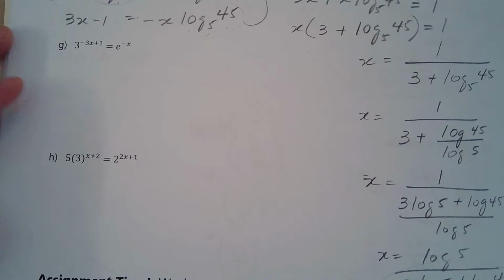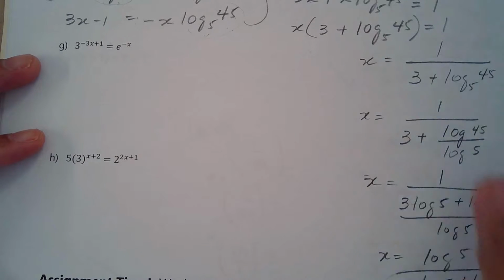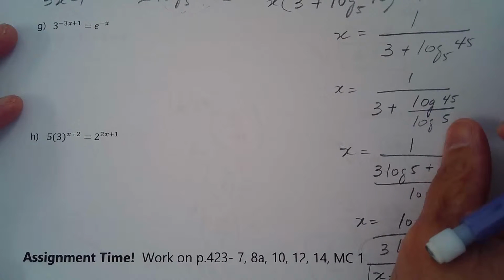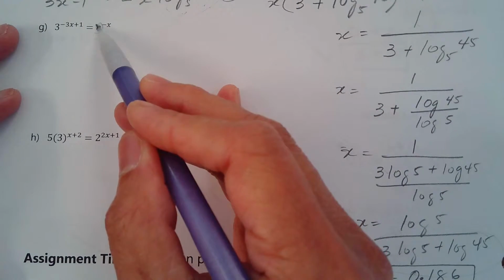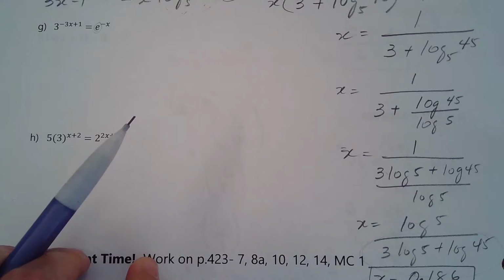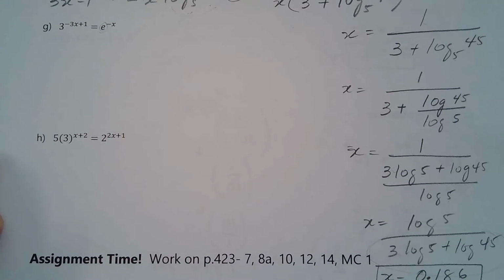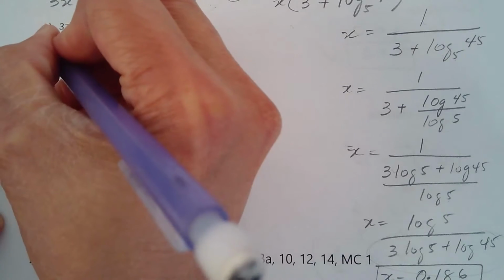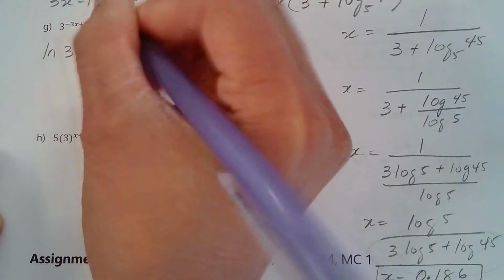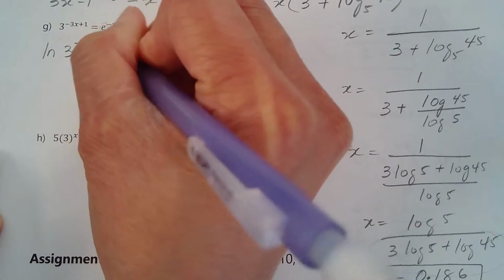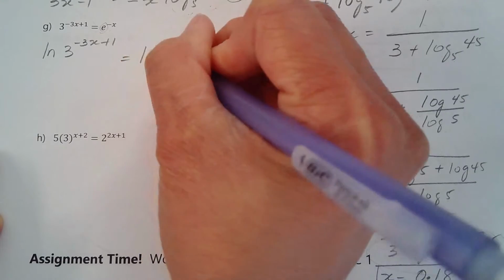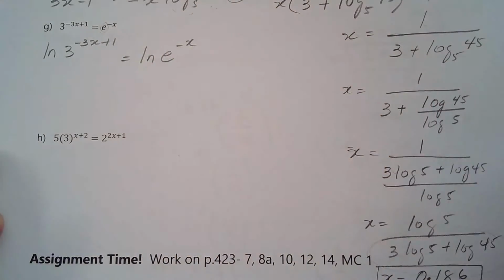Okay, now let's get to letter G, and then we have letter G and letter H to work on. Now, this one, I can see that there's a base e in here. So I think a better way of doing that is to just use natural log, ln, right? Okay, so we're going to go natural log of 3 to the exponent negative 3x plus 1 equals natural log of e to the negative x.